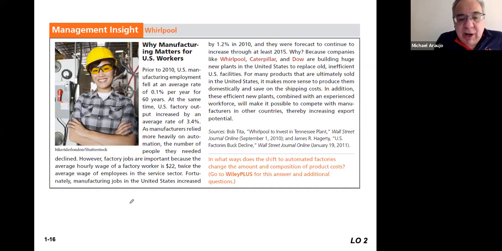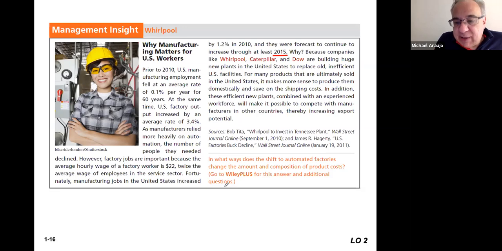Fortunately, manufacturing jobs actually increased in 2010, and they are forecast to continue to increase through much of the 2010s. Why? Well, because companies like Whirlpool, Caterpillar, and Dow are building huge new manufacturing plants in the United States to replace the old ones. And for many products that are ultimately sold in the US, it just makes more sense to produce them here and save on the shipping costs, particularly if it's a brand new plant, okay?